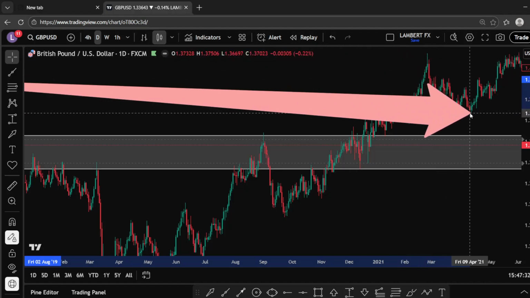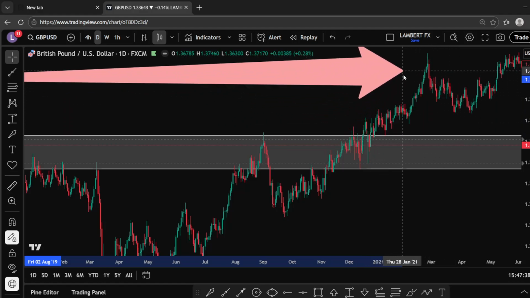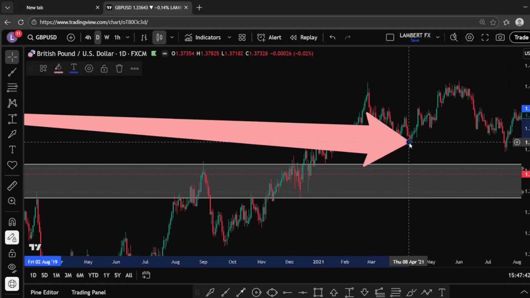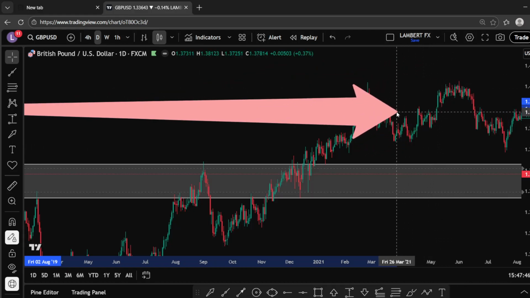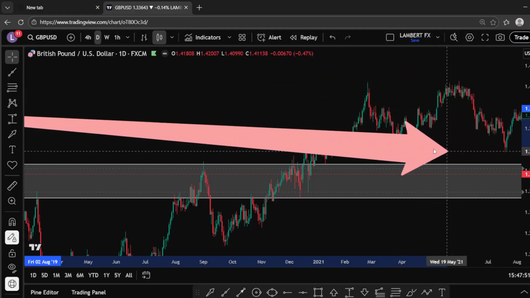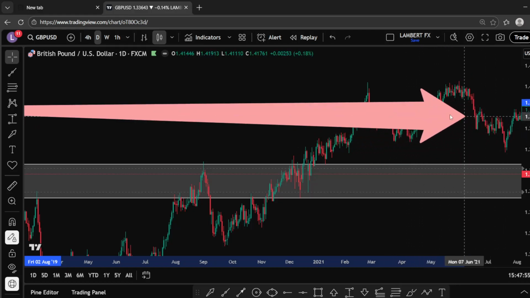We retraced back, not quite to the level. So I believe that those long traders are still holding on to their trades. And then we moved back to the upside, and then retraced back again. I believe more traders have jumped in again to go long.